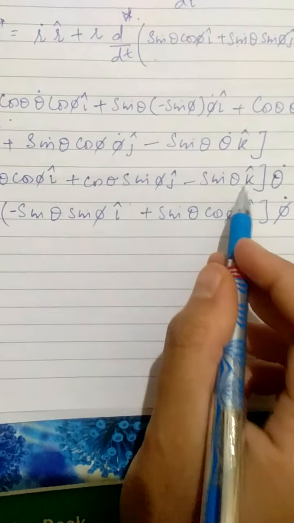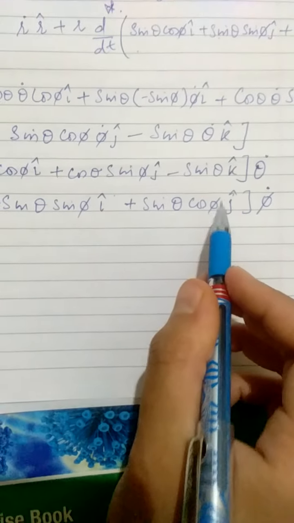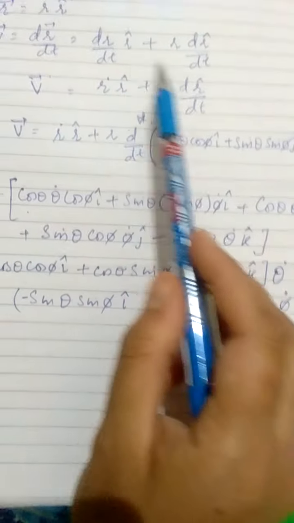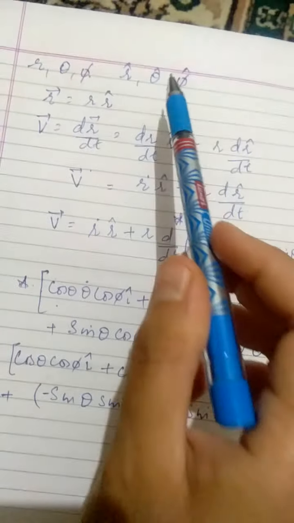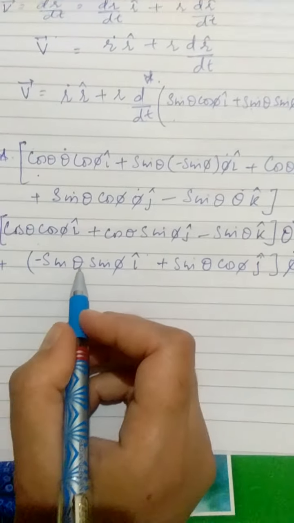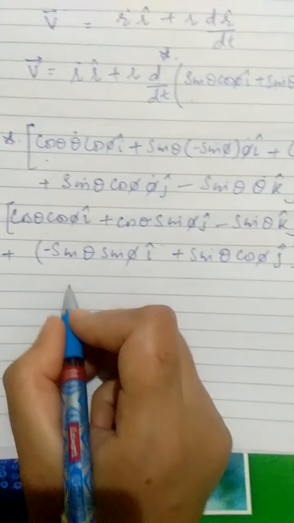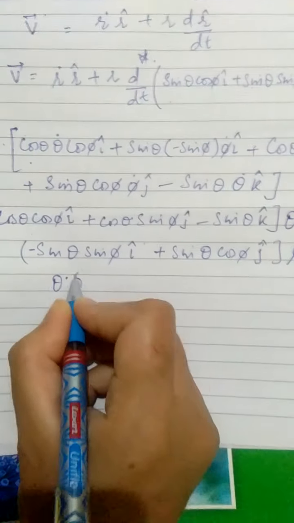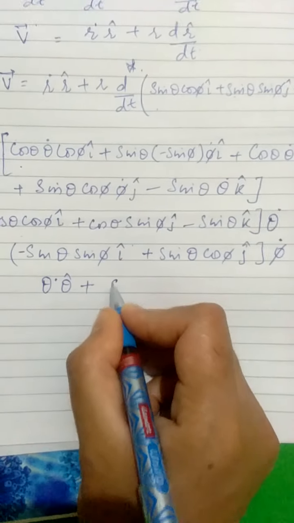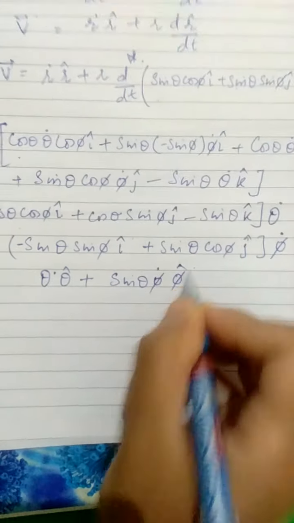If you identify this expression, this is for theta cap and this is for phi cap. You have already evaluated that. You can check the previous video that this is the expression for theta cap and this is the expression for phi cap. Here you can also take out sine theta as common. So this expression is theta dot theta cap, and the other expression, if we take sine theta also common, is sine theta phi dot phi cap.